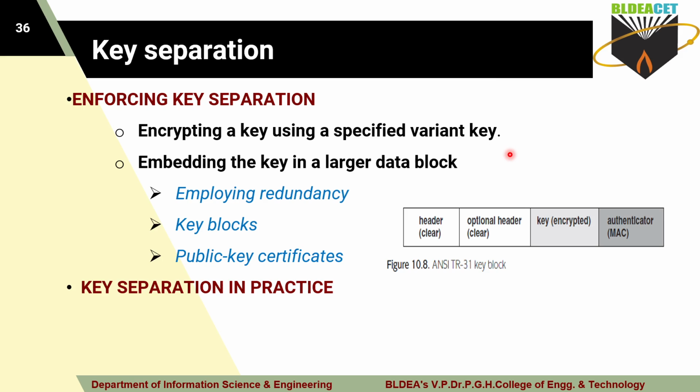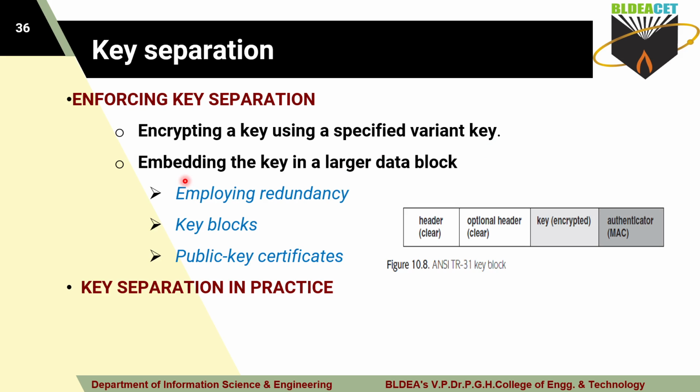If you specify the variant key, then you can enforce that. For every purpose you use variant keys, instead of using the same key for multiple purposes. So that is encrypting a key using the specified variant key.